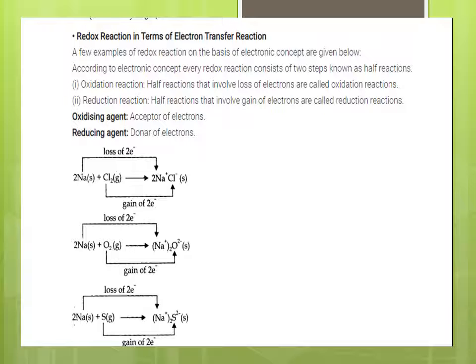When Cl changes to Cl minus, it means gain of 1 electron. When Cl2 changes to 2Cl minus, it means gain of 2 electrons. Similarly, in case of sodium and O2, sodium and sulfur, the same pattern is followed.